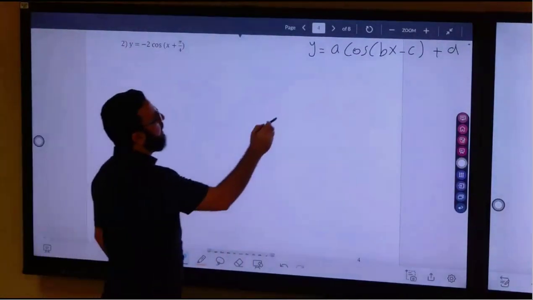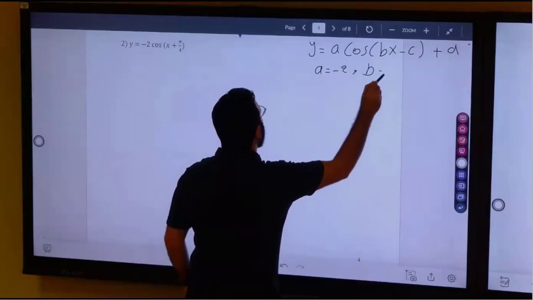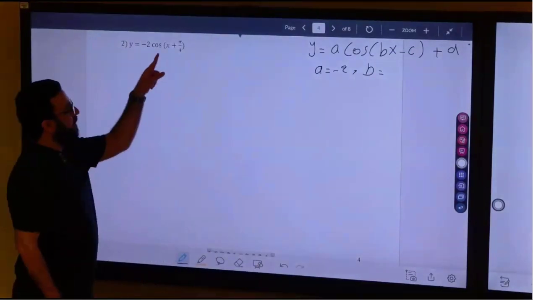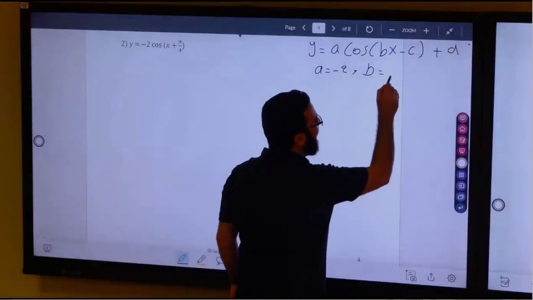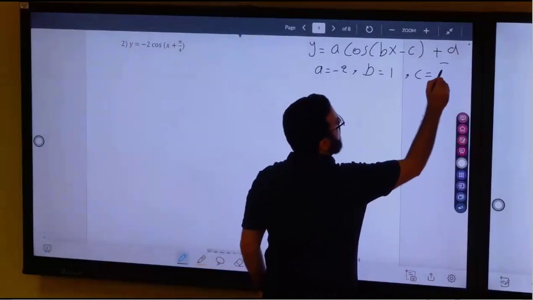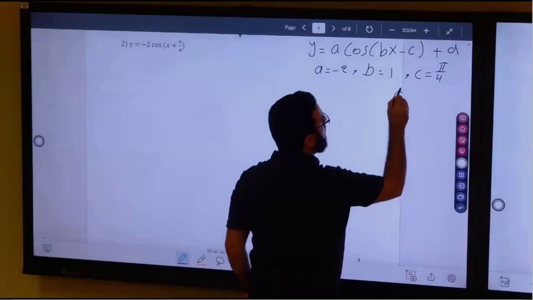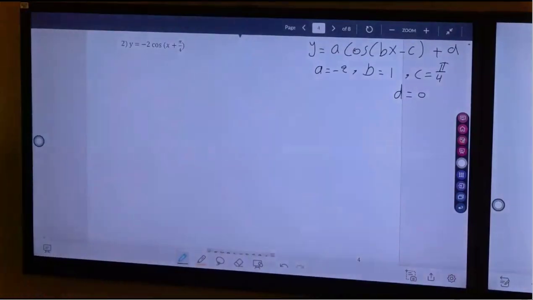How much is A? -2. How much is B? 1. How much is C? Pi over 1. See, now it's a different example, pi over 4. How much is D? 0. And now I have all this information.